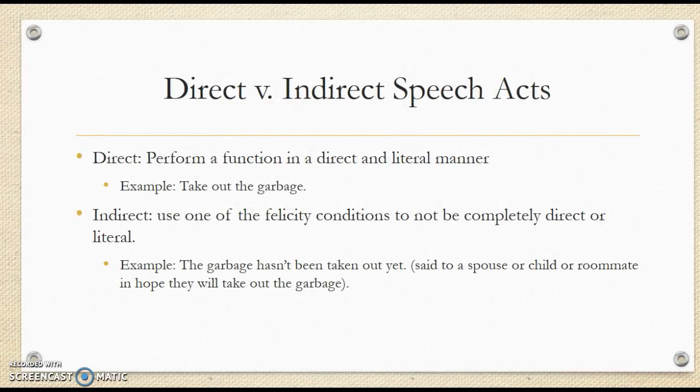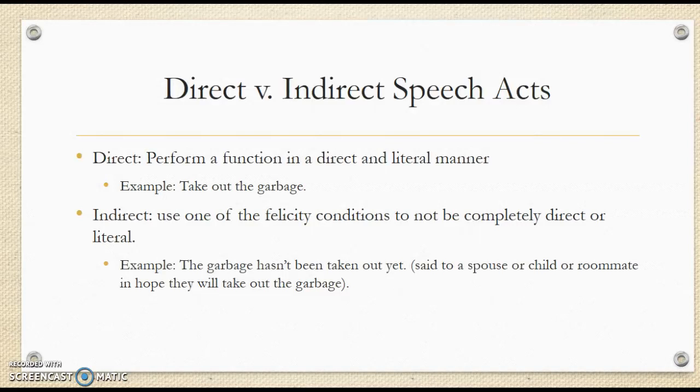So then we also have direct and indirect speech acts. So direct form or function in a direct and literal manner. Americans tend to fall much more into the direct speech acts categories. So, for example, take out the garbage. You're talking to your kids, you say, take out the garbage. Then an indirect, we use one of the felicity conditions, and we're not completely direct or literal.